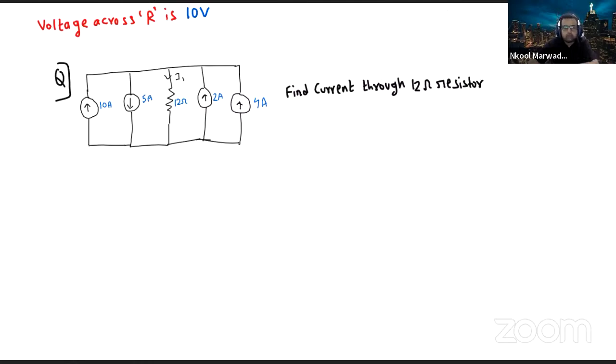So by KCL, the current in one direction I am adding together. So 10 ampere, plus 2 plus 4, is equal to 5 plus I1.